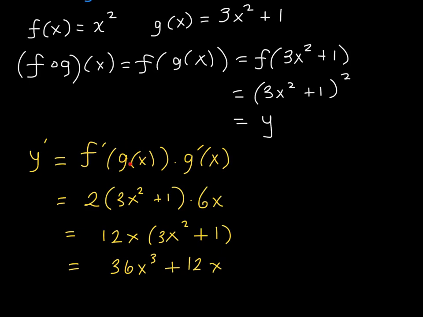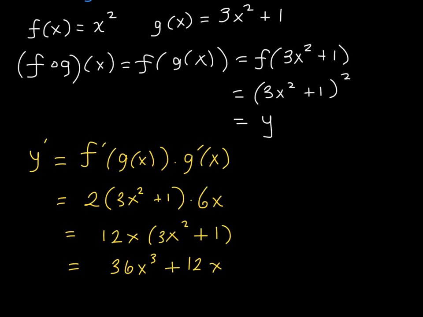All right? So this is 2, the derivative of x squared is 2 times x, but when we say x, we mean your input. So it's 2 times this input, right? So 2 times g of x here times the derivative of g of x, which is just 6x.